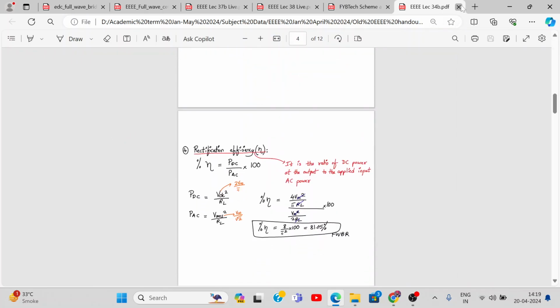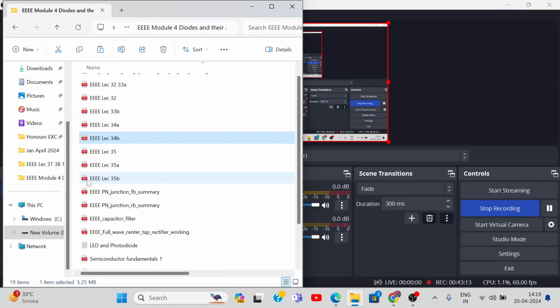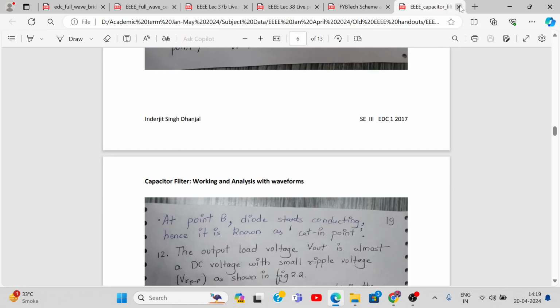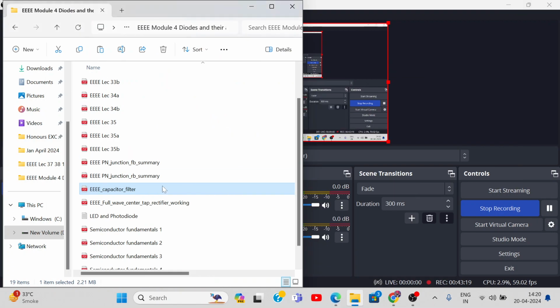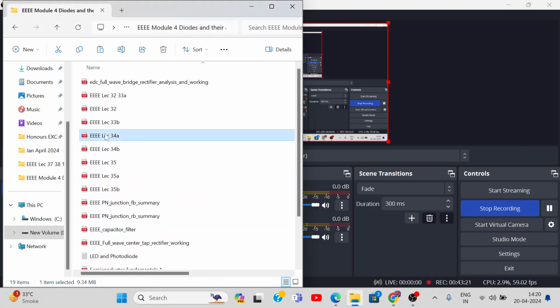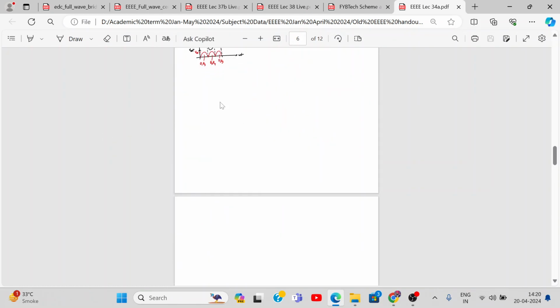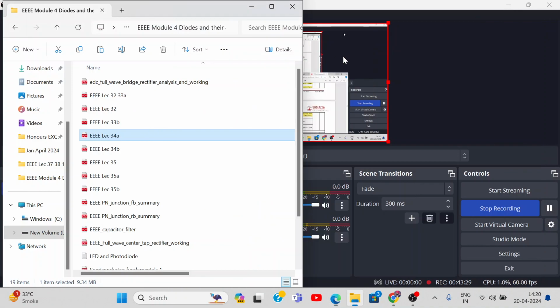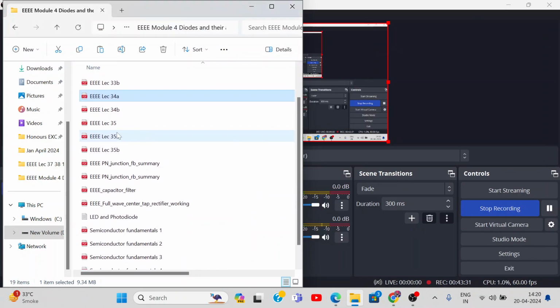No, not here. Maybe it is capacitor filter. No, not here. 34A it is. Let me check. 35, sorry.